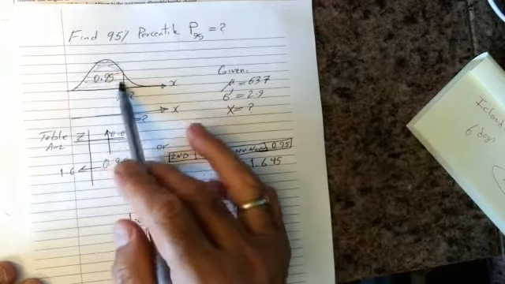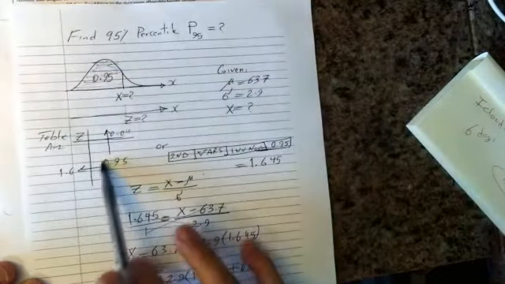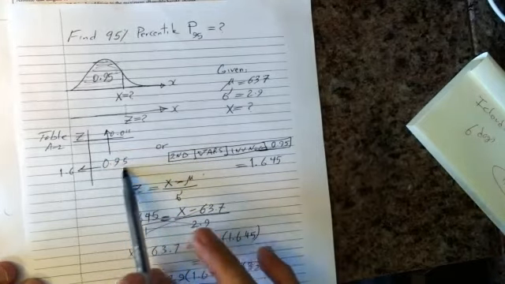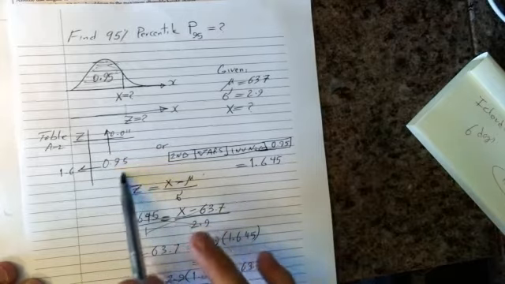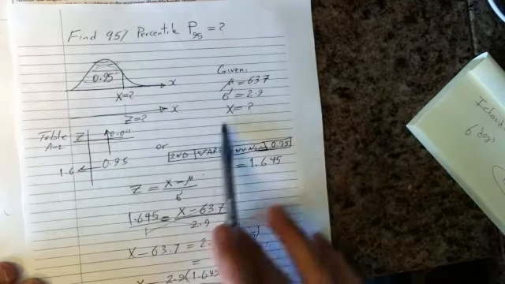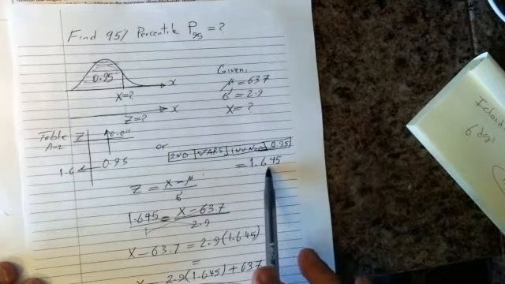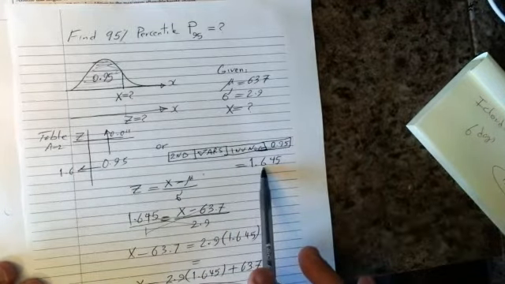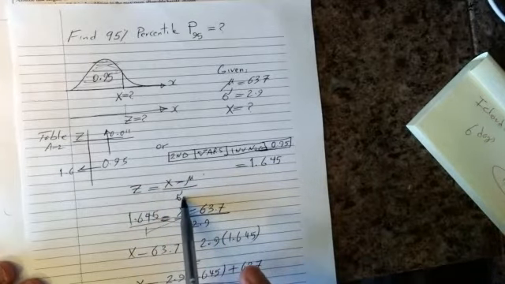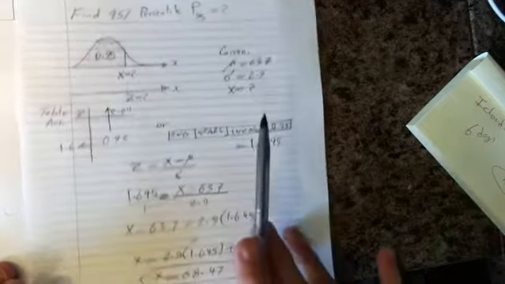So when you have the area, you could either go through the tables and find the area that is close to 0.95 or is 0.95 and read your z value. When you find your z value, then in this formula, you have the z, you have the mean and standard deviation, you could find the x.